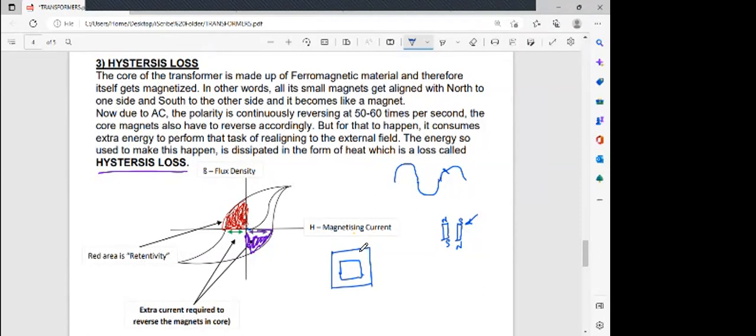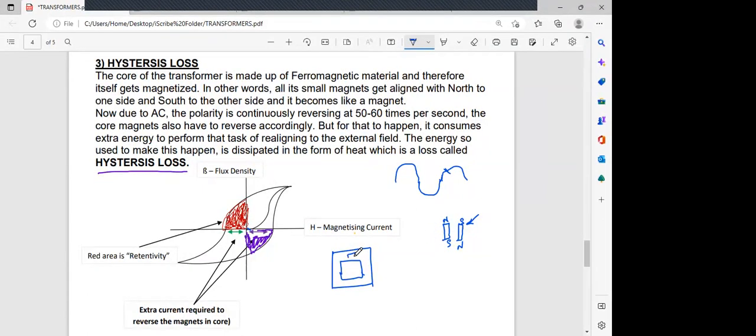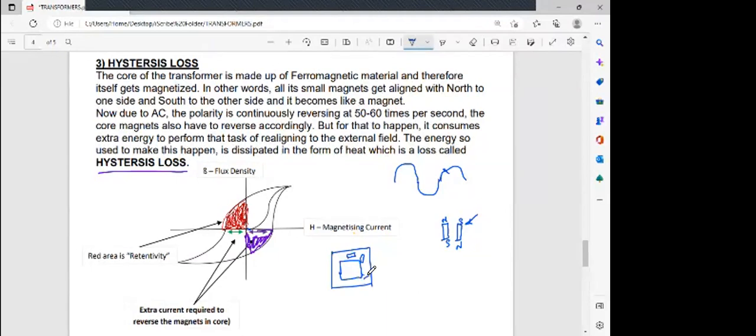That is why it's called a ferromagnetic material. They will be maybe north this way, south here, south this way, north this way, just scattered around.